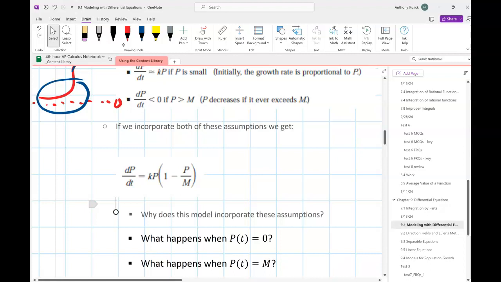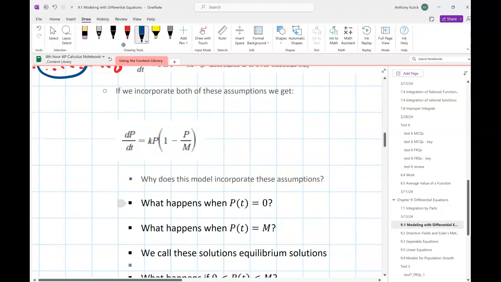If P is greater than M, P over M is bigger than 1. 1 minus something bigger than 1 is negative, so you get that negative growth driving you back down to M. Everybody agree?